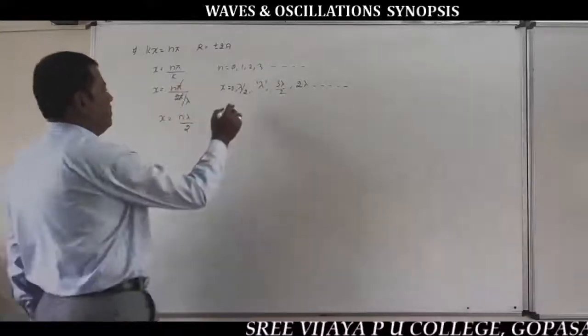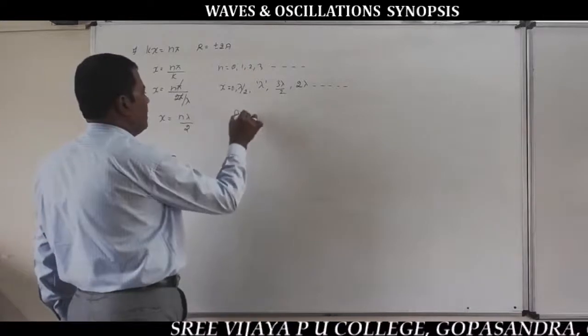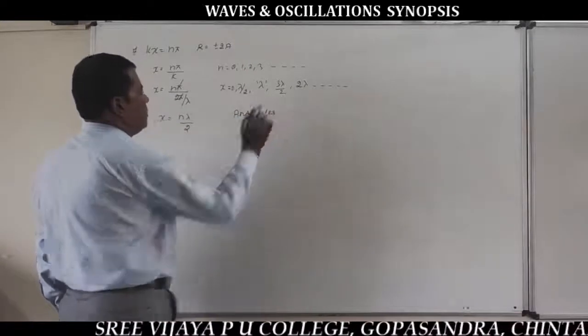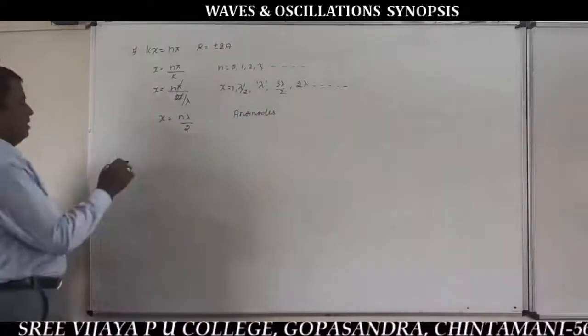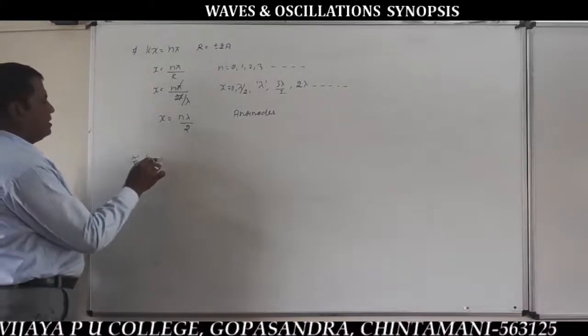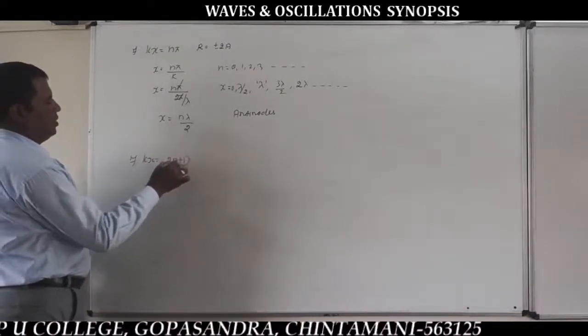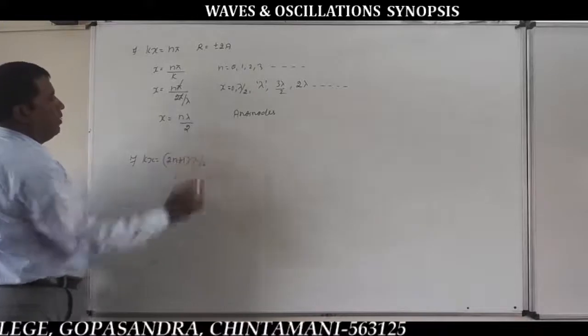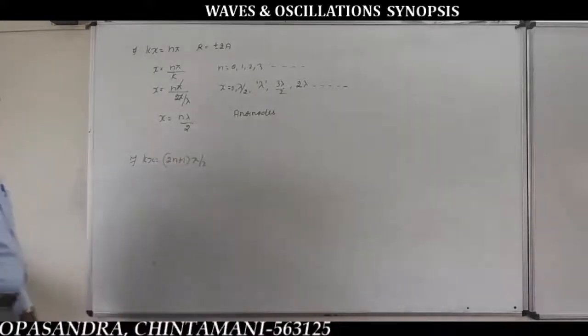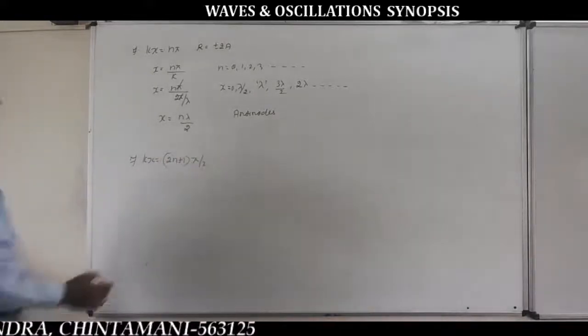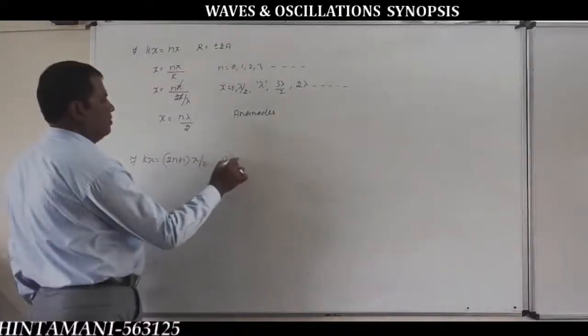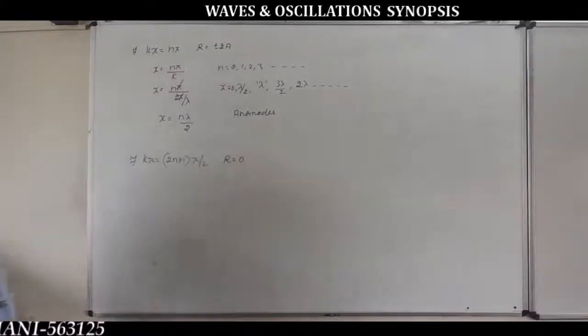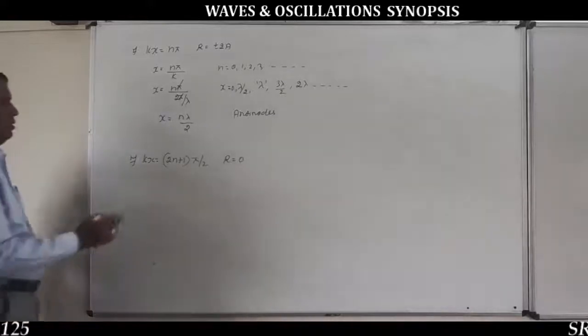So here amplitude will be maximum, and at these points we get antinodes. If kx is equal to 2n plus 1 into pi by 2, then amplitude is 0.